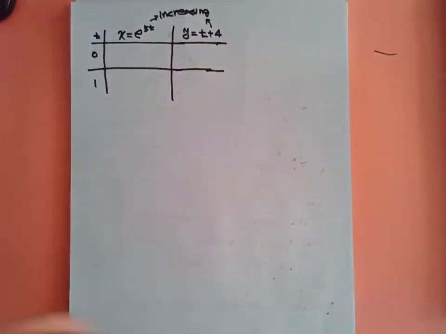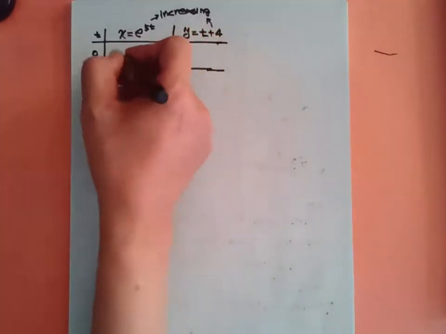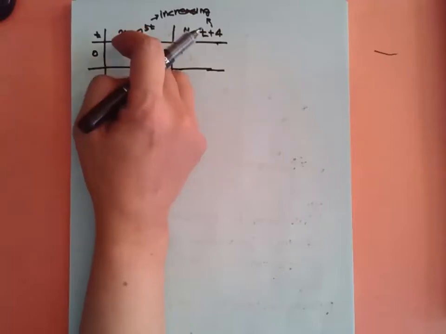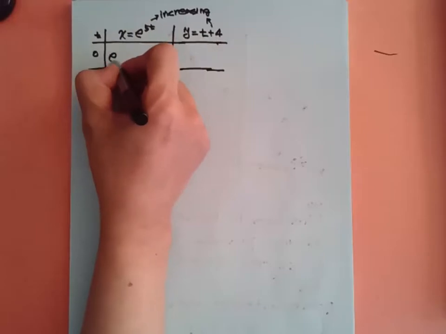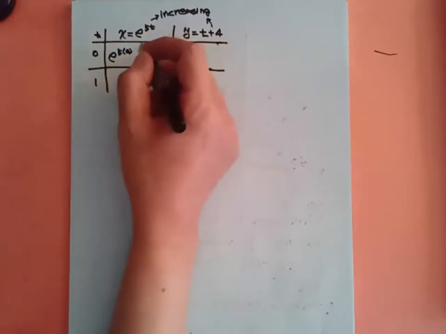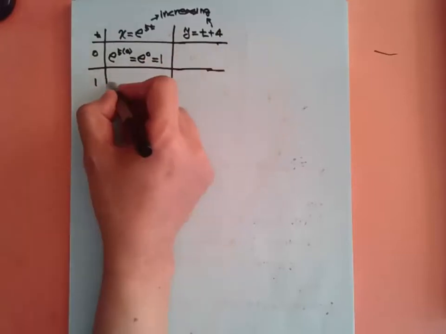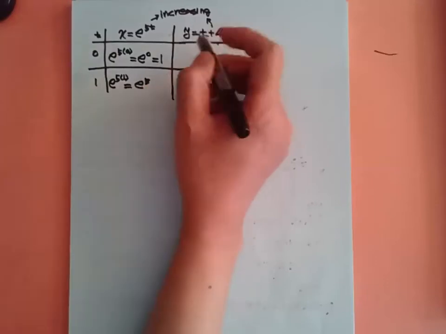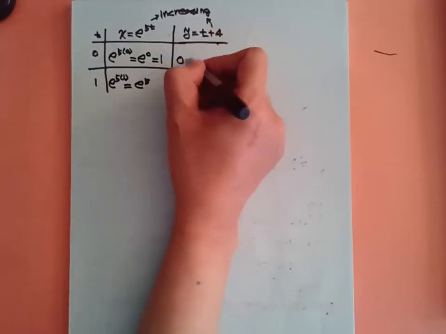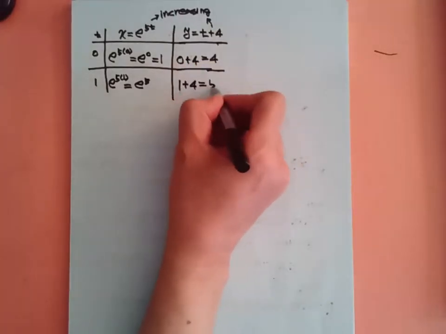It just goes to the right, if that was the starting pattern, forever because of this monotonicity. x equals e to the 5t power. So we plug in 0 here, and then that is e to the 0, which is 1, and e to the 5 times 1 equals e to the 5th power. And when t equals 0, 0 plus 4 equals 4. And when t equals 1, 1 plus 4 equals 5.